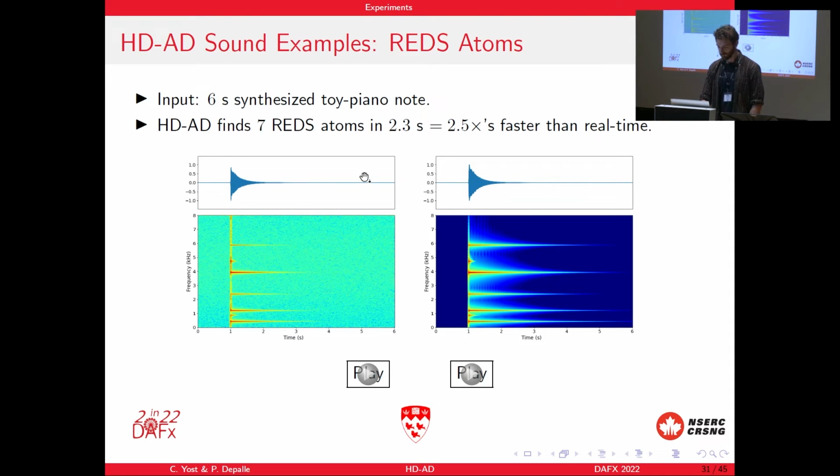In order to listen to some of this, here we give the network a 6-second signal, and it returns to us some reds parameters. So that is the input to the network, and the network identifies 7 reds atoms in 2.3 seconds.